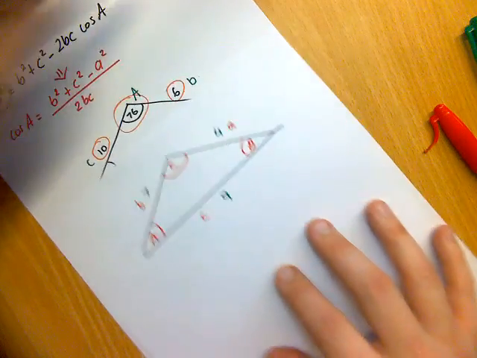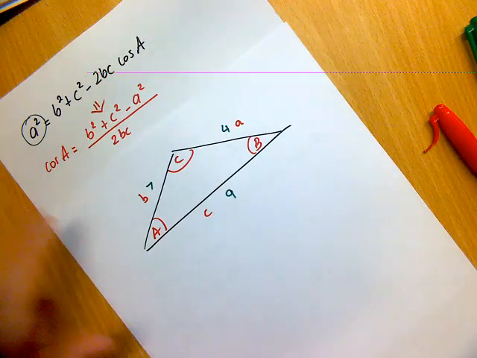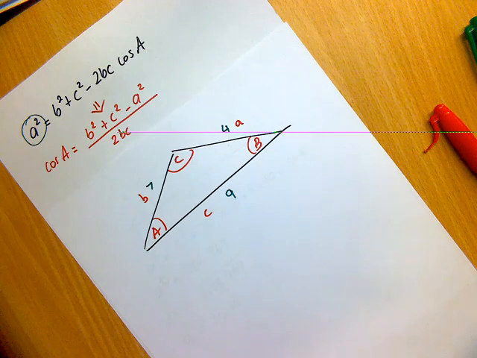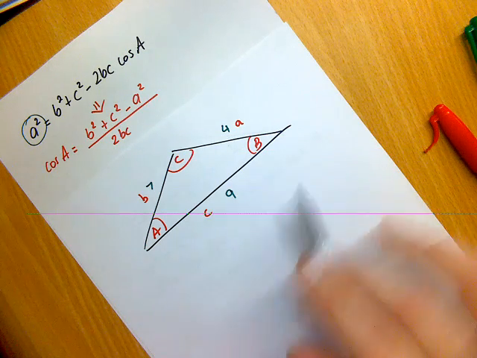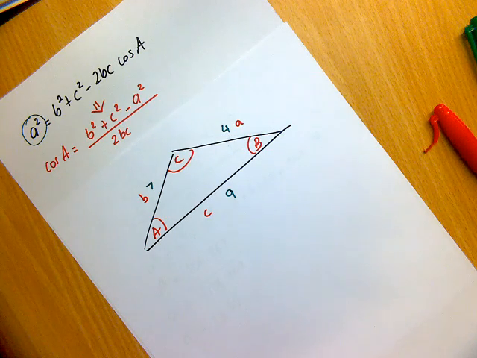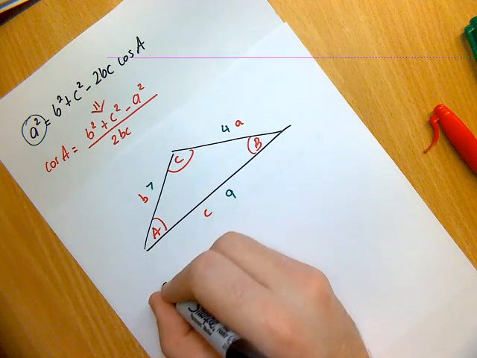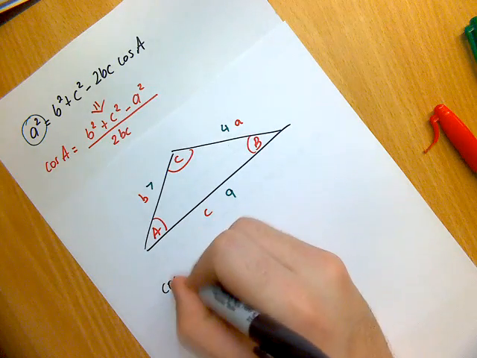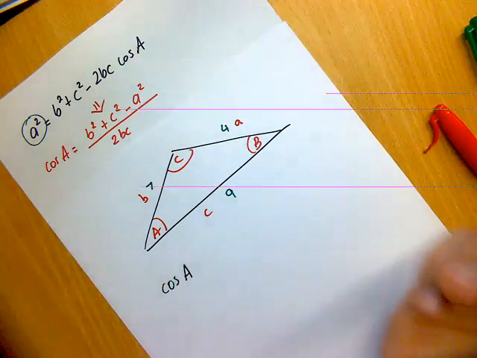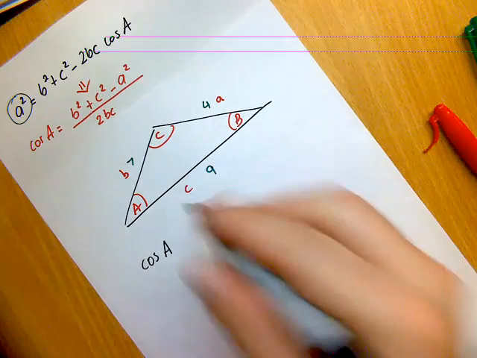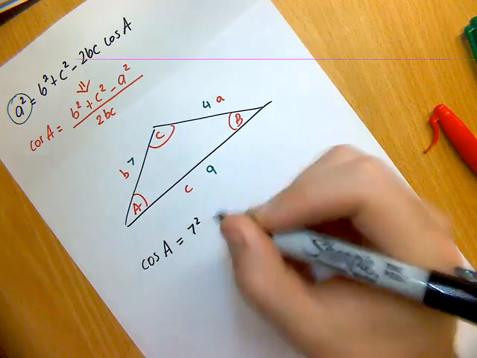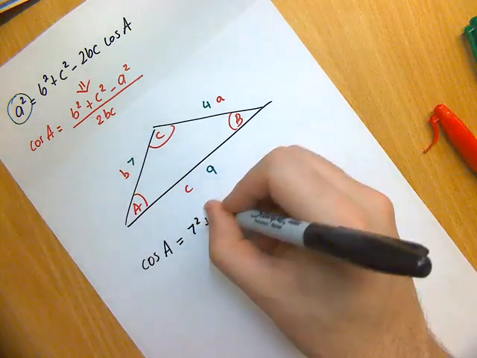If we have a little look at our formula for finding the angle, so the cosine, again, because I've labeled this, it's pretty easy for me to start substituting values. So I can say the cosine of A, this big angle here that we're trying to find, is going to be b squared plus c squared.